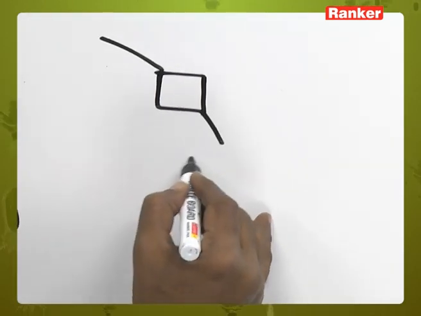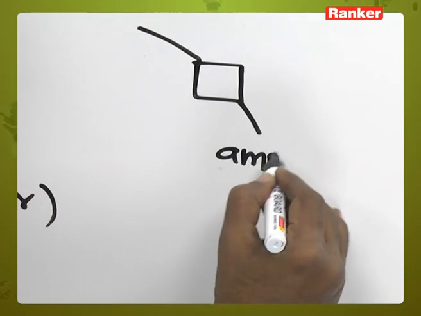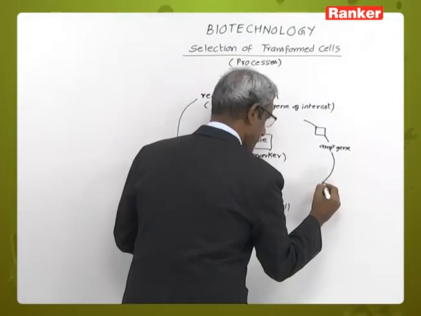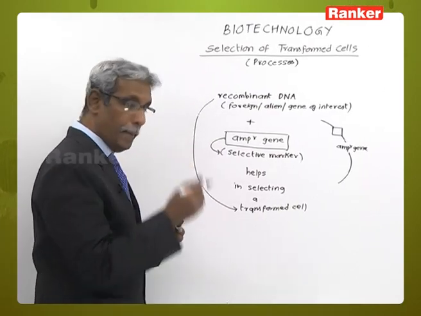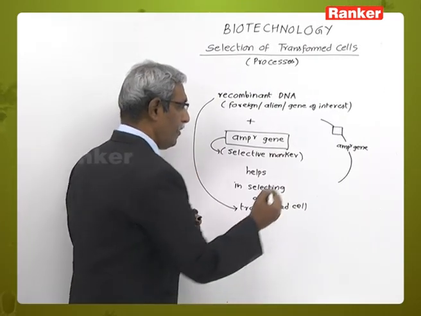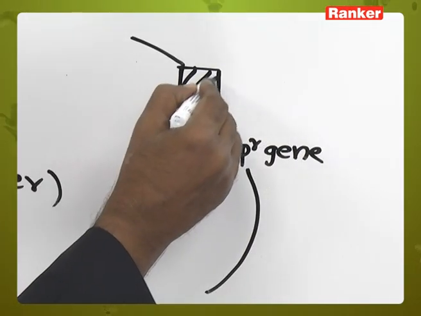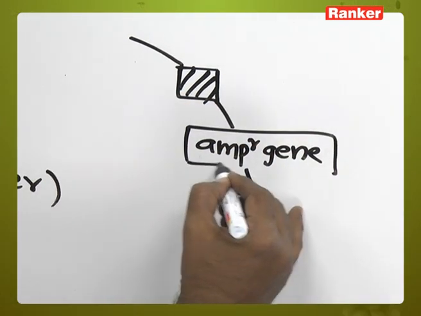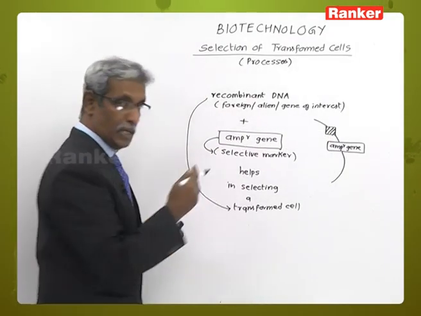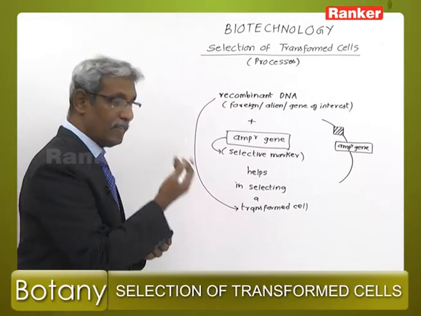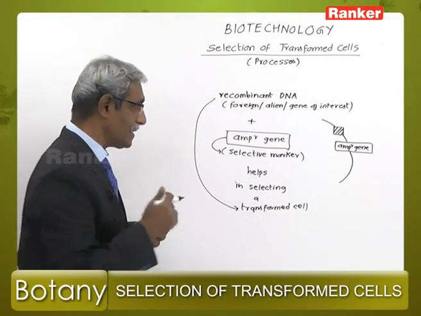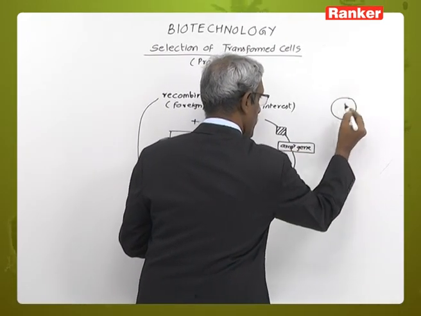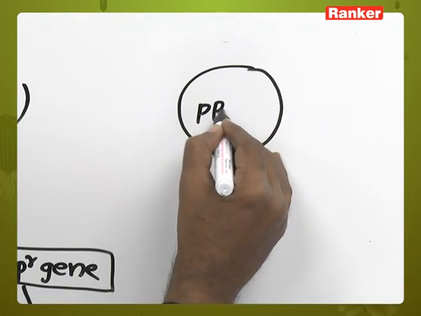So, if we had your gene of interest and it is attached to the ampicillin resistant gene, in a pBR322, if you have the foreign gene of interest and it is located near to the ampicillin gene, these two together, if introduced into a bacterial cell, that is, you have a plasmid, and this is called a vector.